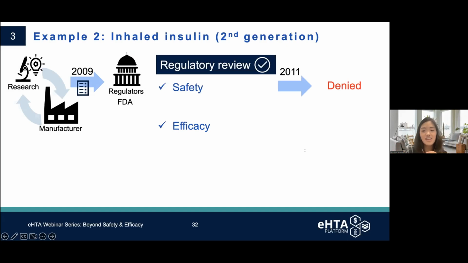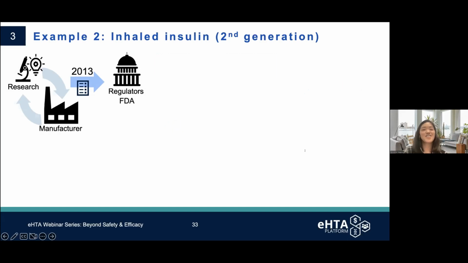So the FDA said, well, you need to run new trials to show that this new device is as safe and as efficacious as your other one. So did they decide to run new trials again? Yes. So they ran new trials. They spent more money on that because at the time, I think they felt it was a good idea.